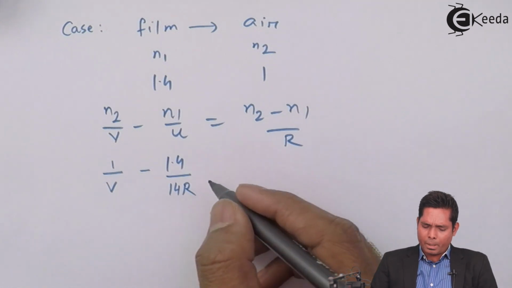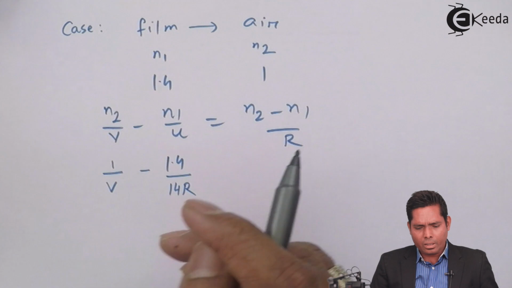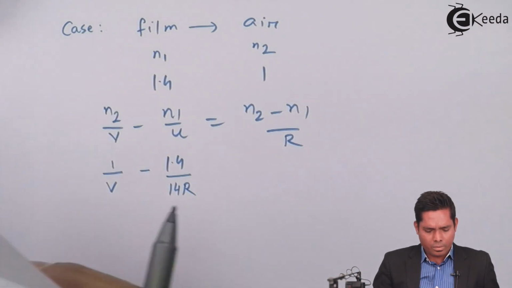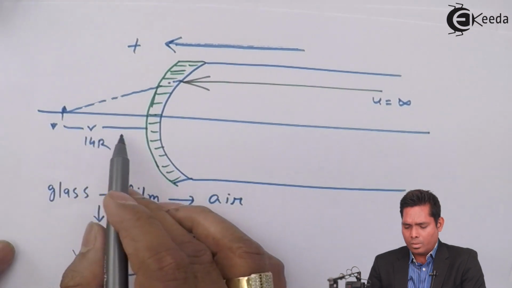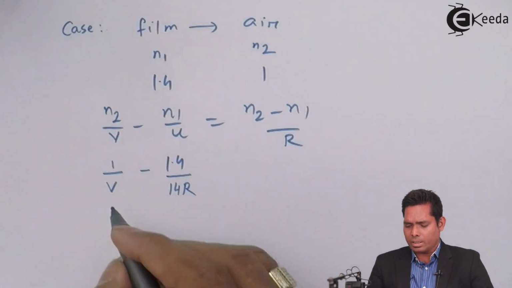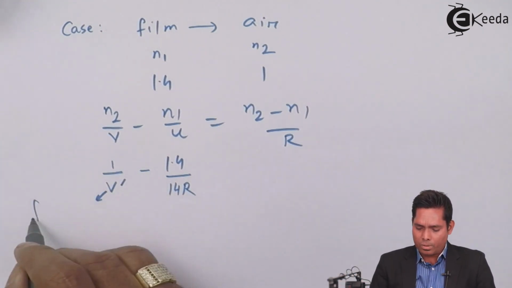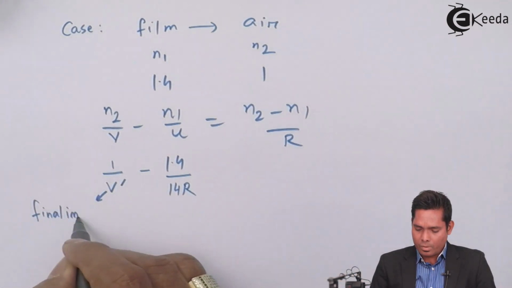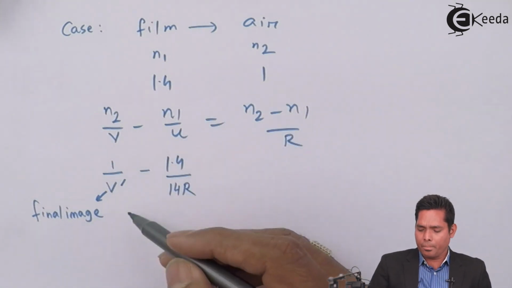We have to keep in mind that since I have already taken a distance as v, I will consider this distance as something else, say v dash. This is the final image formed, because the v I have already used, so I'll take v prime.